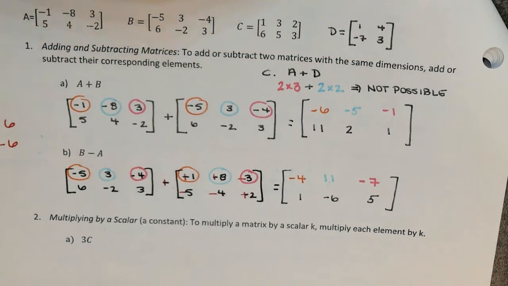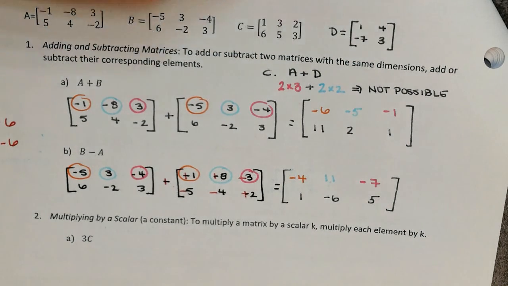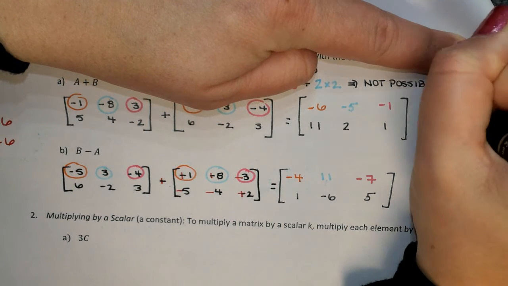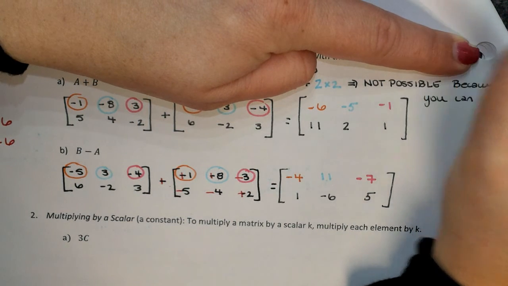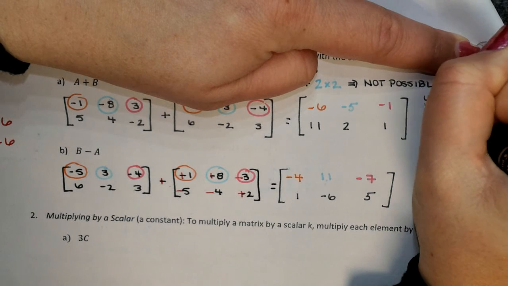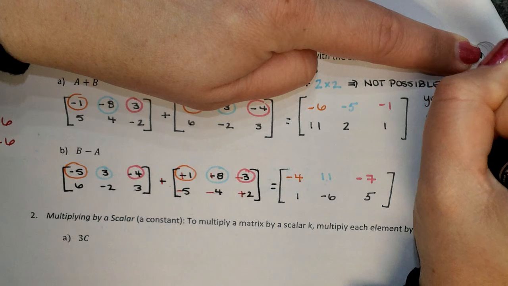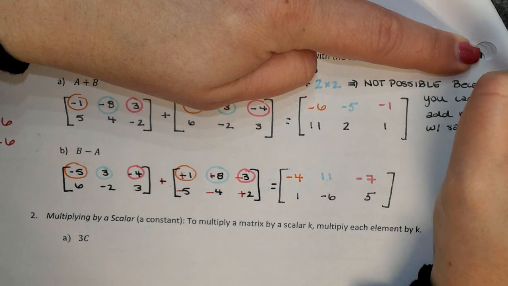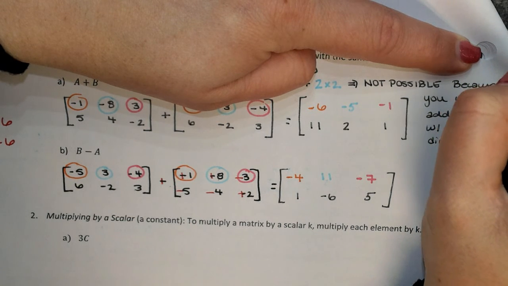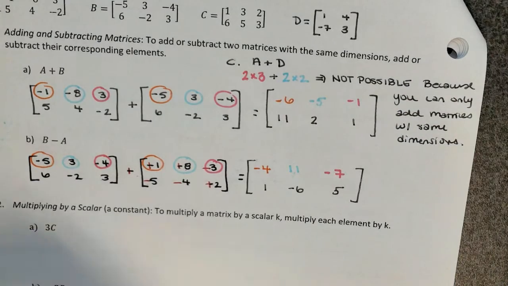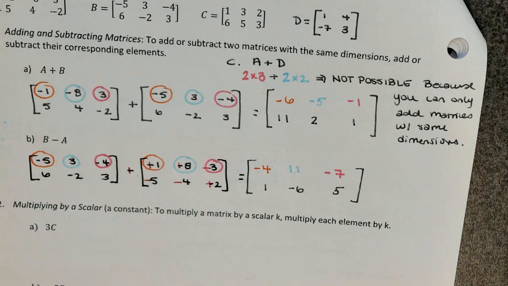Or you can tell me it's undefined, either one. So it's not possible because you can only add matrices with the same dimensions. So whenever you tell me something's not possible, you have to explain a reason.